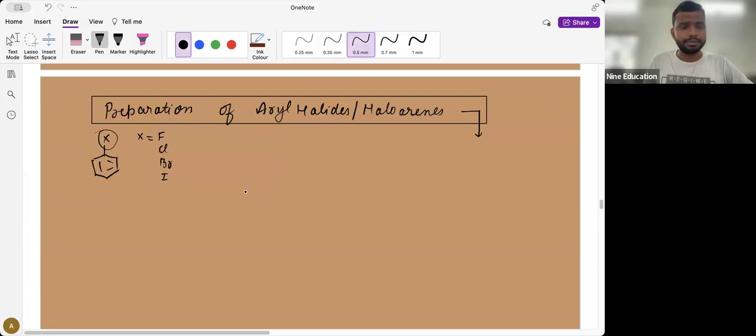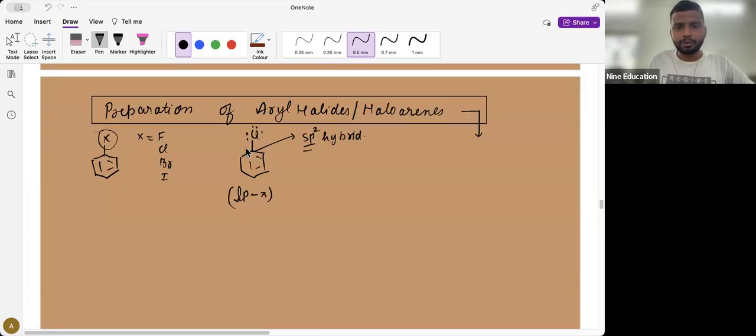Now let's say I have chlorine on the benzene. See beta, this chlorine is attached to the carbon which is sp2 hybridized. And the resonance which is occurring is lone pair and pi conjugation.